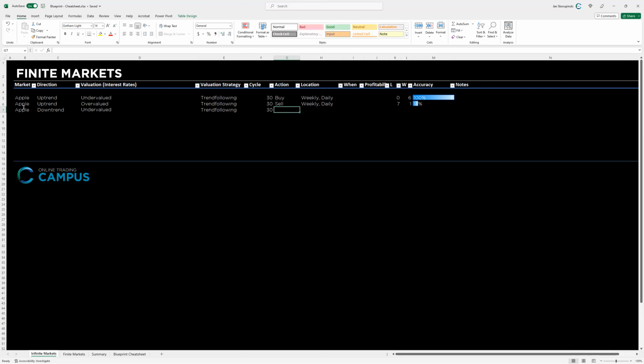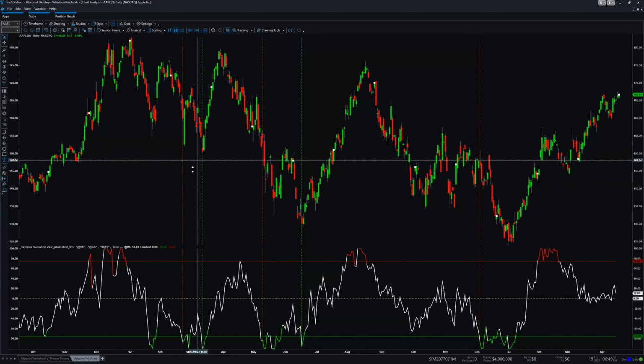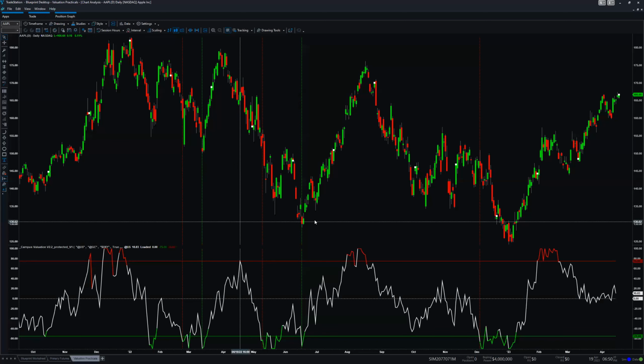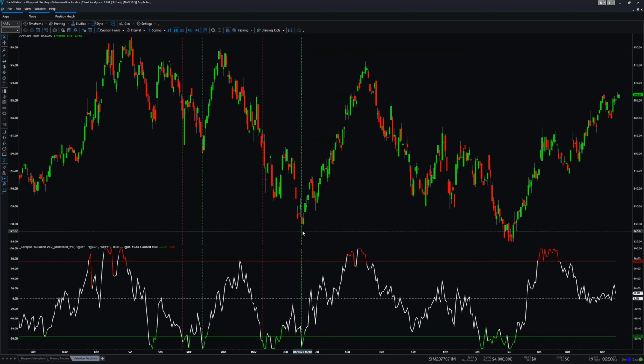As I look to buy, then 1, 2, 3 times it didn't work, 2 times it worked. So also not the best accuracy here, right? But again, here we're going against the trend, right? We're going against the trend.